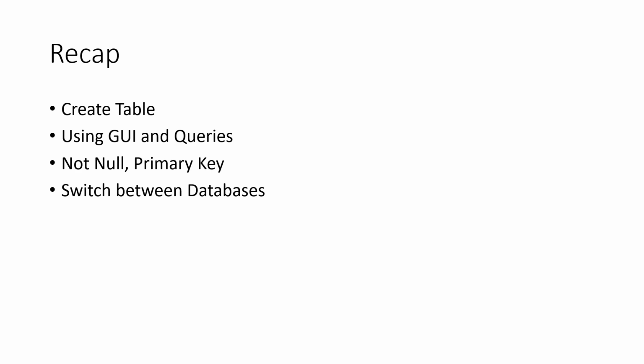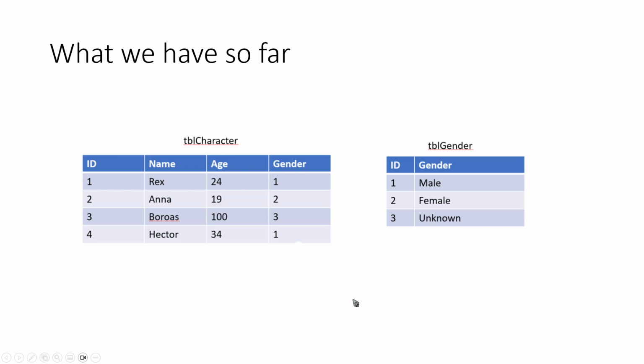I didn't only show you how to do that in SQL Server Management Studio, I also showed you how to do the exact same thing using the query syntax. I even showed you how to switch between databases as well. So this is what we did so far in the last video. If you didn't get a chance to check it out, go check it out. It's on the SQL playlist on my channel.